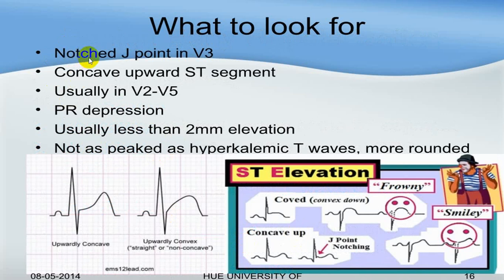So if you get a notched J point in V3, a concave upward ST segment, mainly in V2, V3, V5, and if there is a PR depression, the PR segment is depressed, and if there is an ST elevation less than 2 millimeter, always keep in mind it could be benign early repolarization.